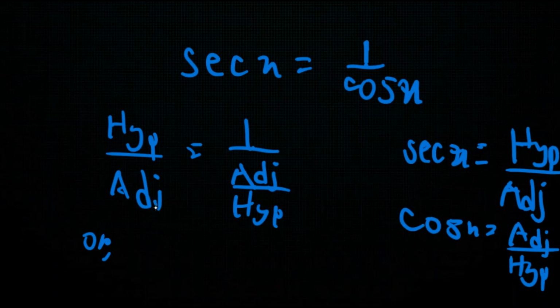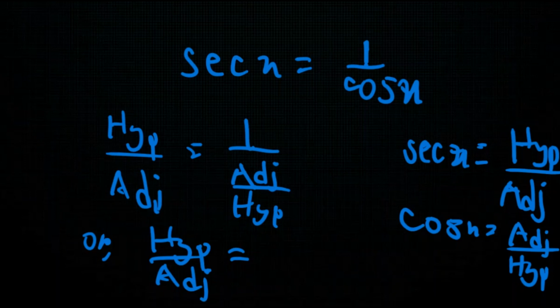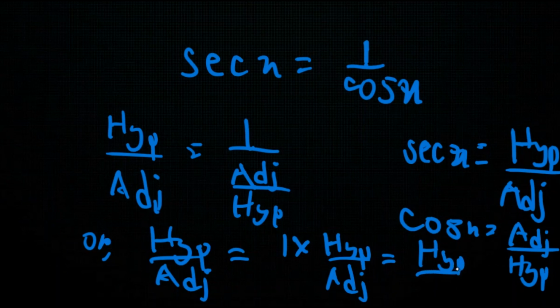So let's write that: hypotenuse divided by adjacent equals 1 times hypotenuse by adjacent, which is equal to hypotenuse by adjacent, and hence we've proven that secant x equals 1 by cosine x.